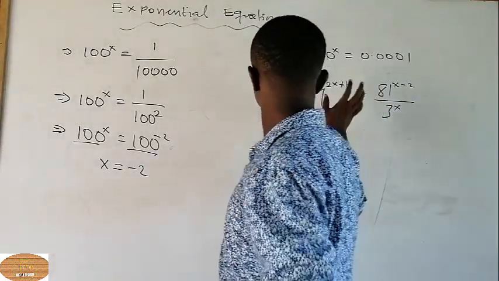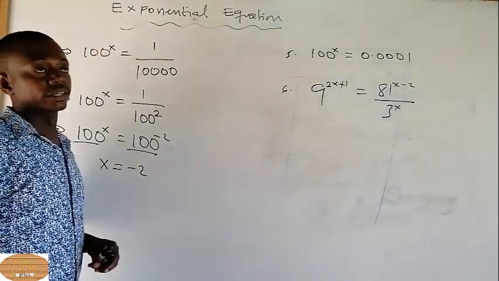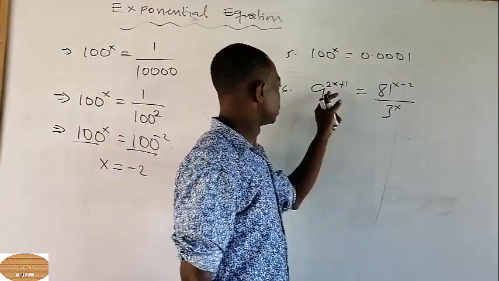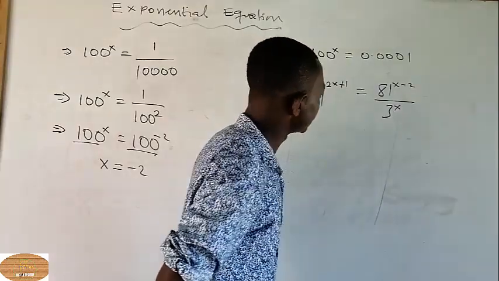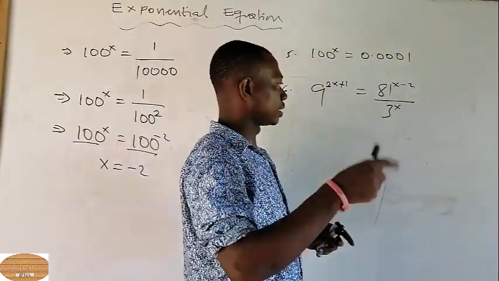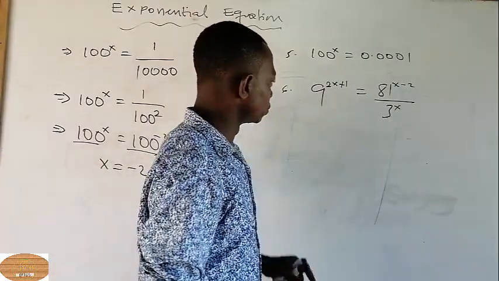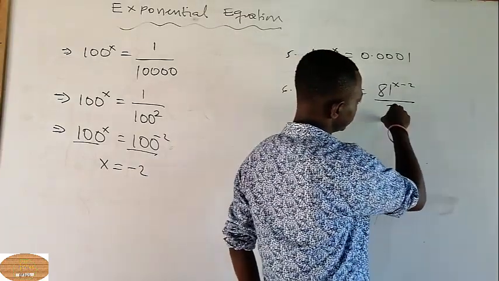So let's move on to the last one, the sixth one. Okay. Now 9 to the power 2x plus 1 equals 81 exponent x minus 2 all over 3 to the power x. Alright. So we have 3 here.